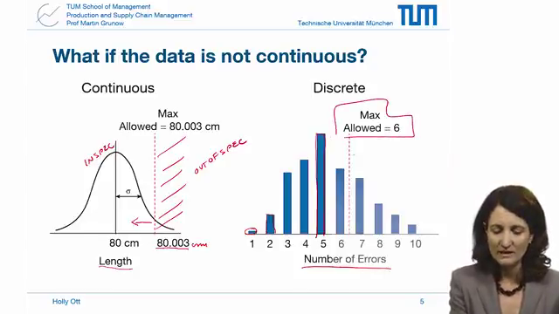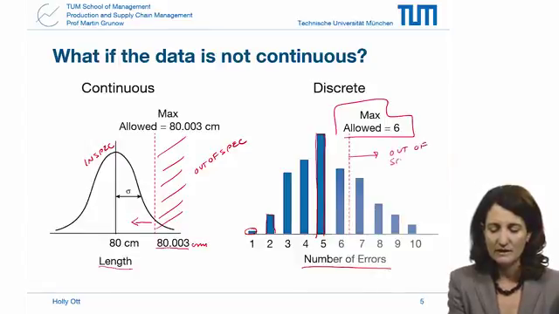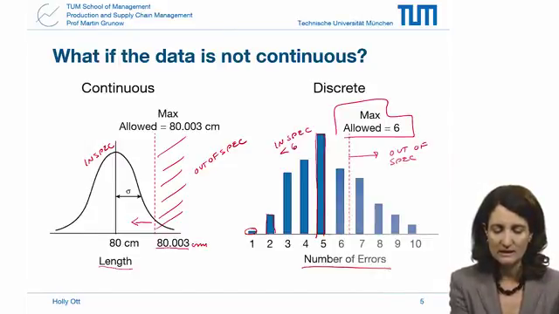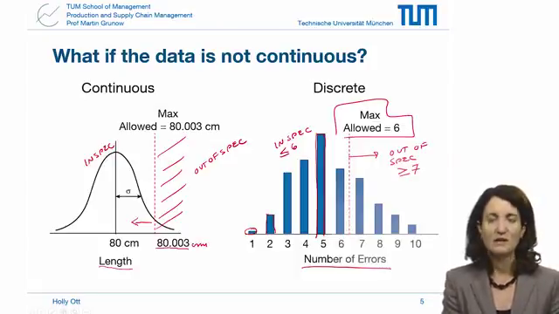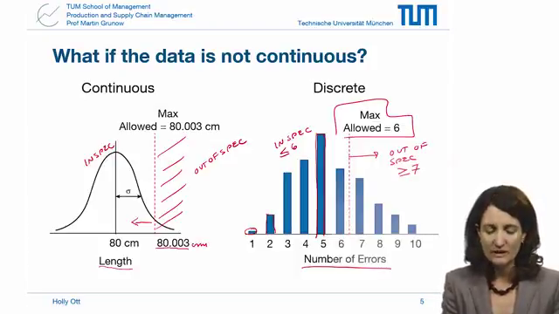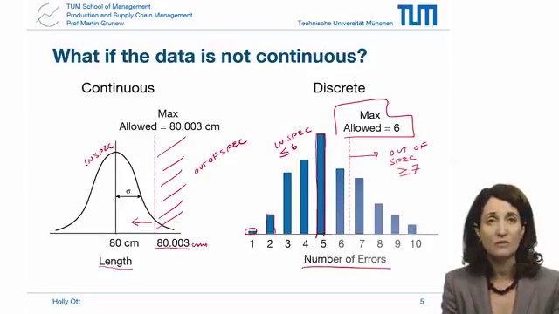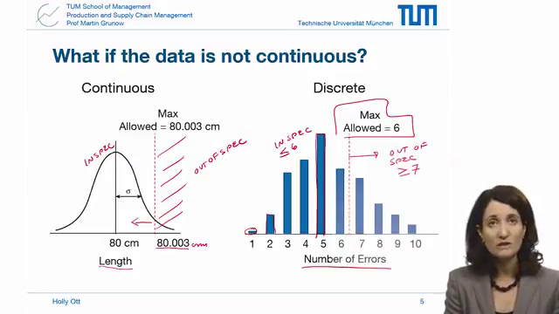So this means anything greater than 6 is considered out of spec. It's considered unacceptable. And on this side, anything less than or equal to 6 is acceptable, or we could say greater than or equal to 7 is unacceptable. So we have to deal with this in a different way, because clearly we can't just go ahead and calculate our yields as we did before. So how should we handle this?